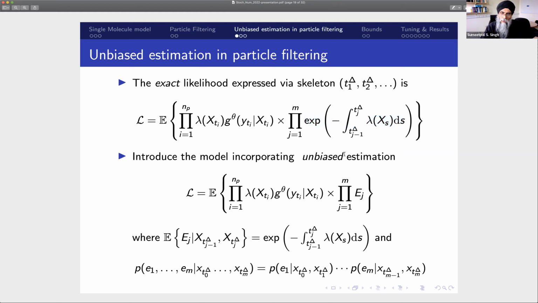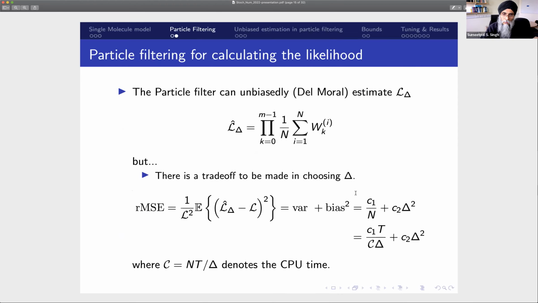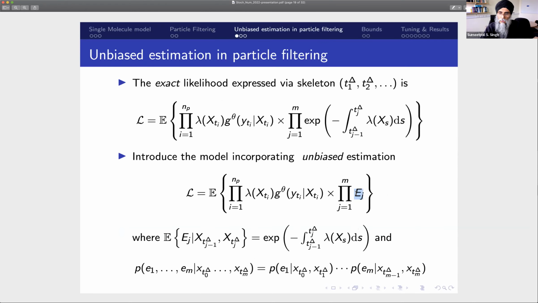So what I'm going to do is introduce a model with unbiased estimation. Wherever I see an exponential, or path integral, for a particular interval, I am going to replace it by a random variable Ej. So E1 for the interval from T1 delta to T2 delta, E2 for the second interval from T2 delta to T3 delta, and so on.